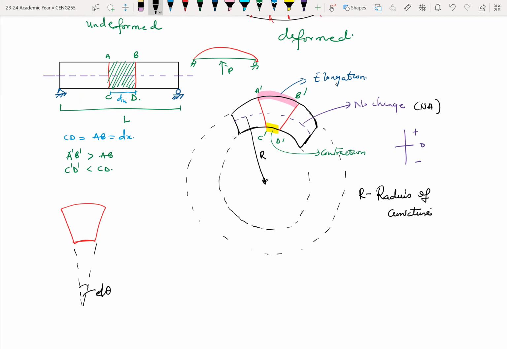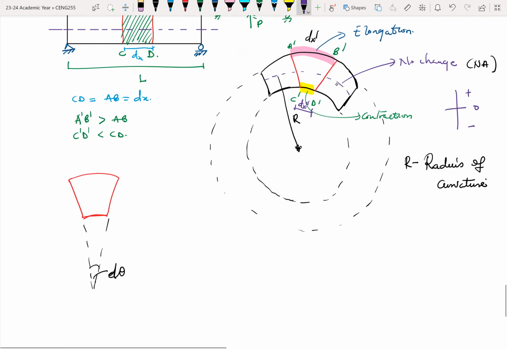This distance here is the x prime, and then the one below will be the x prime prime. So here we have the x prime prime. This is the x prime, and then here the x prime prime. Then somewhere in between, we have the x where there's no change.